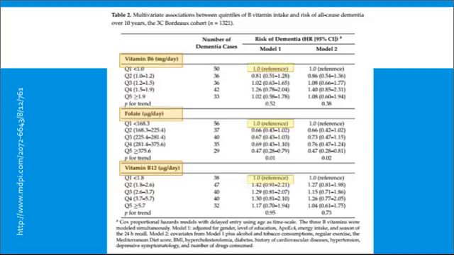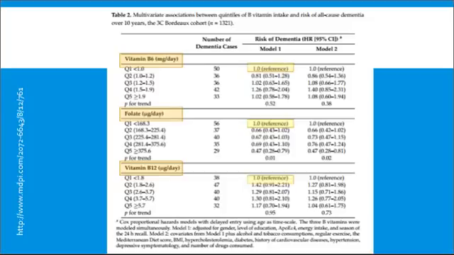And now Q2 is the second quintile, which is then compared to that reference. So we're looking at odds ratios or odds of developing dementia or not developing dementia as the amount of B6 goes up. And so if we look at Q3, that's the third quintile compared to the first.